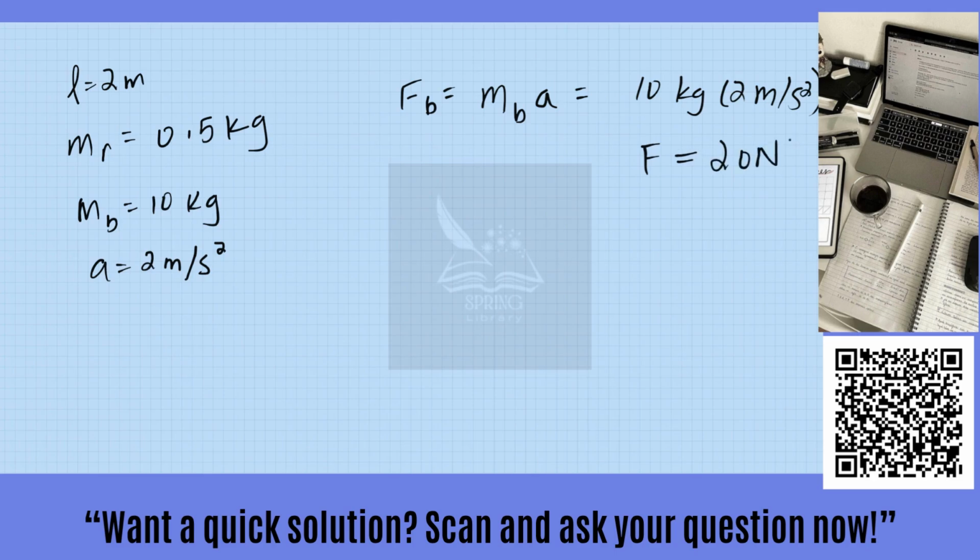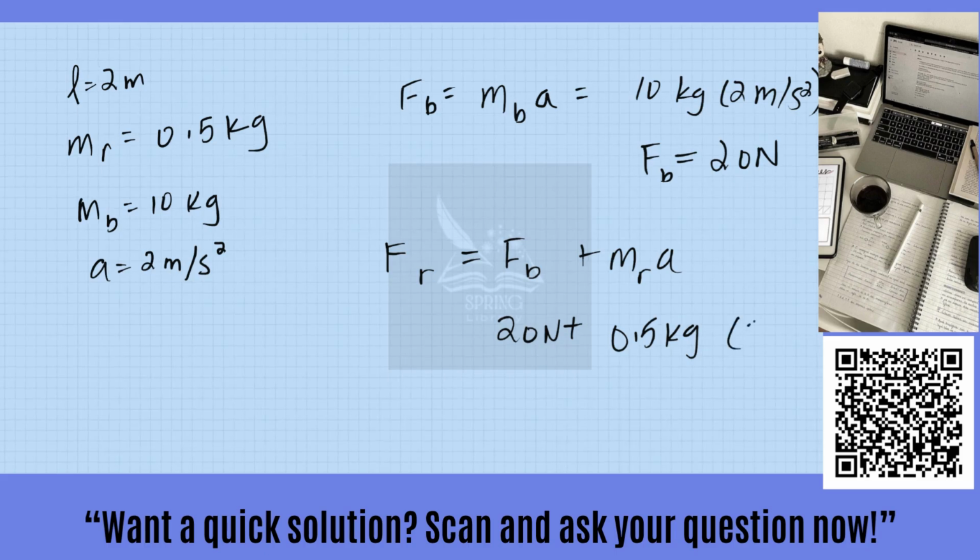Then for the rope, the force on the rope is equal to the force on the block plus the mass of the rope times the acceleration. So this is 20 newtons plus 0.5 kilograms times 2 meters per second squared, and this gives us 21 newtons.